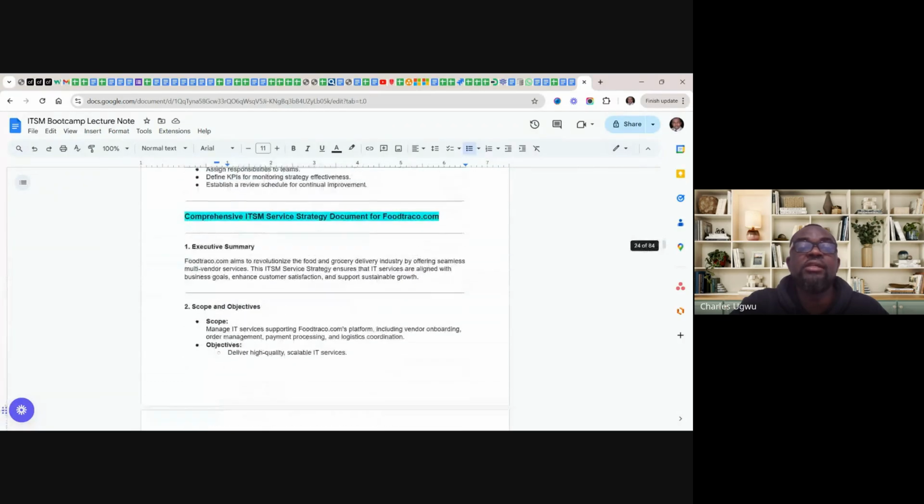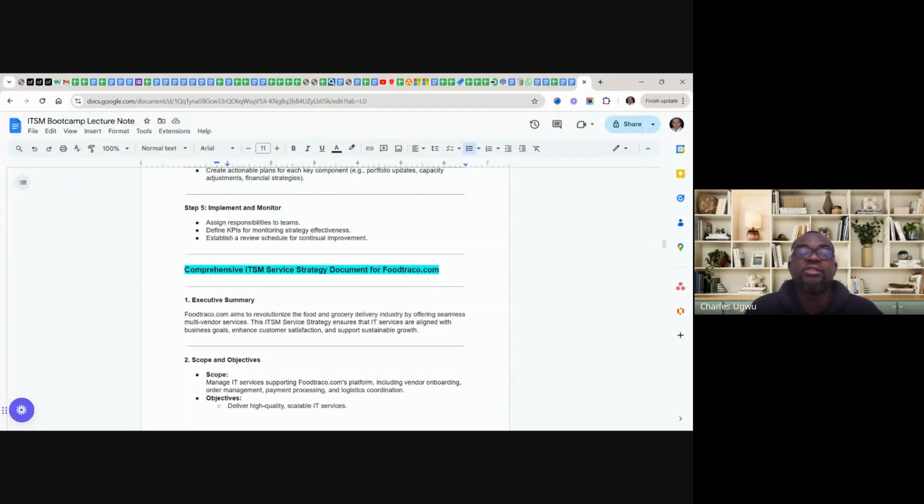So we can see we have a service strategy document. Going forward, we are going to be looking at service design, which is going to take us some time.